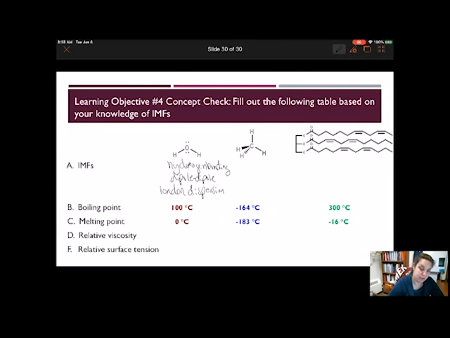With our methane, all carbon-hydrogen bonds are nonpolar, so this is going to be just London dispersion. And then lastly, we've got our vegetable oil over here, and since this is such a large molecule, our main force is going to be London dispersion, although there is some dipole-dipole.